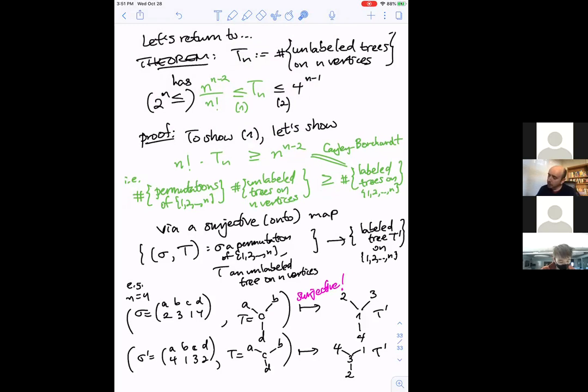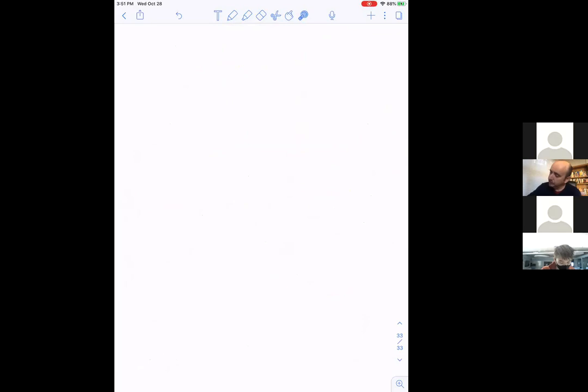Now, once we have that inequality 1, let's convince ourselves. Once we know that Tn is greater than or equal to n to the n minus 2 divided by n factorial, in the limit as n goes to infinity, this is approximately n to the n minus 2 divided by, okay, what was n factorial again? Stirling's formula.